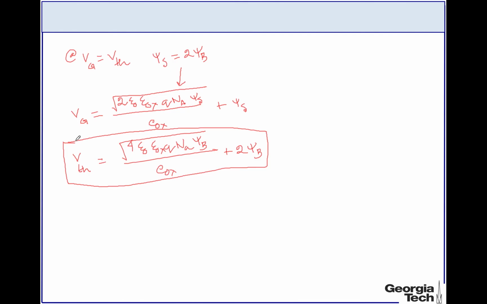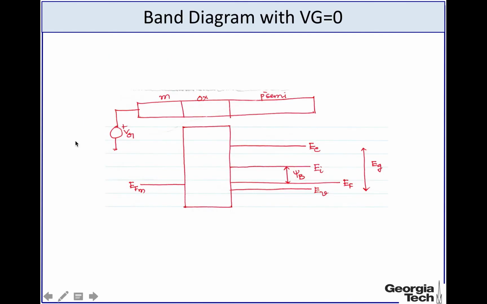Alright, so now let's look at the band diagram. A band diagram for a MOS system means the location of the EC, EF, EV in the semiconductor as a function of position, as well as the EC and EV of the oxide and the Fermi level of the metal. Now note that in a metal you need to define only the Fermi level to describe the metal, and for the oxide you just need EC and EV.